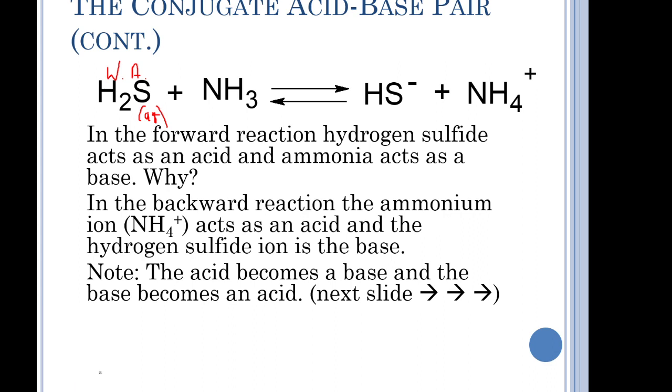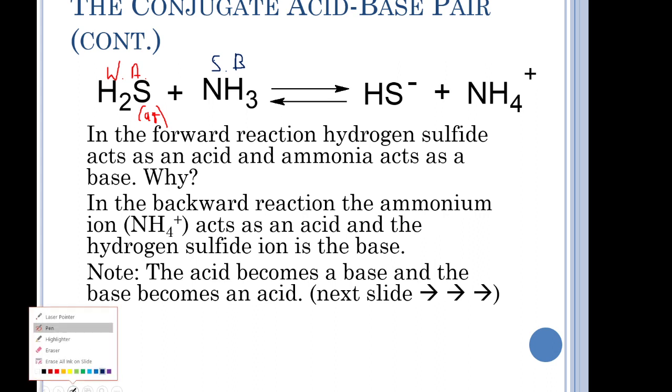This is a strong base. Sorry, weak base, I should say. It's a weak base.